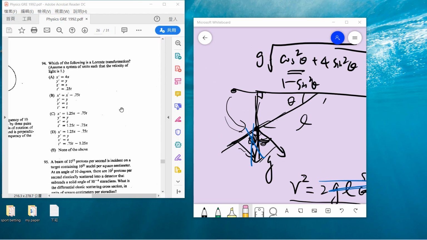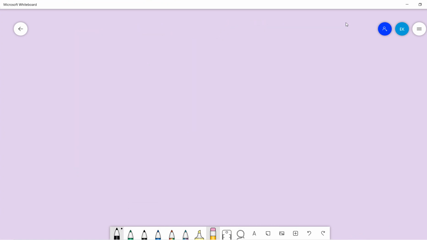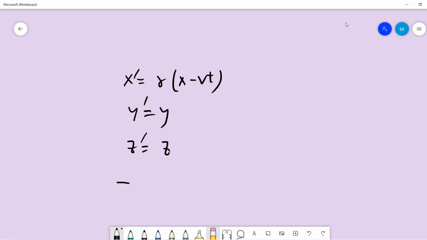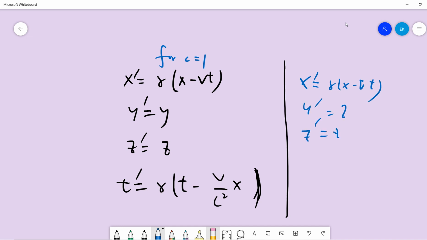Okay, so 94 asks which one is a Lorentz transformation. A is definitely not correct. B is not correct. Let me write the Lorentz transformation. This transformation you must remember. For c equals 1, these two are the same, and the rest is this.